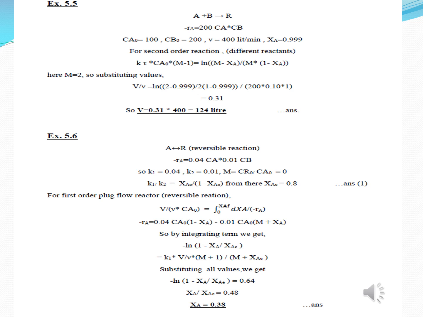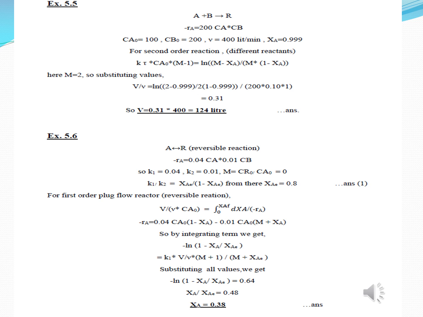In the second problem, 5.6, the solution, here you can see we have a reversible reaction and the rate of reaction is given. K1 and K2 can be seen from the rate expression, and M is given, so their concentration is the same.